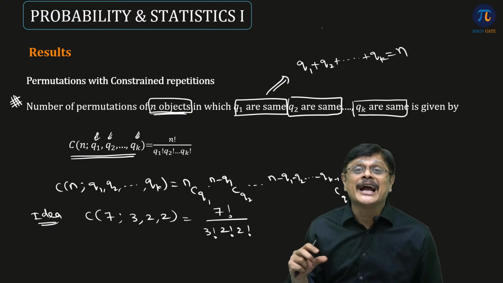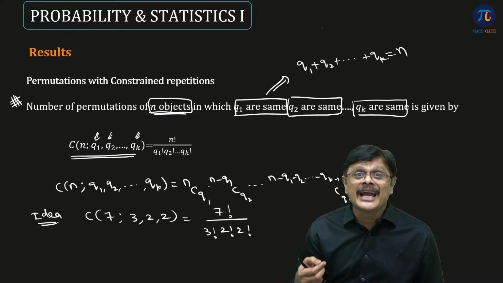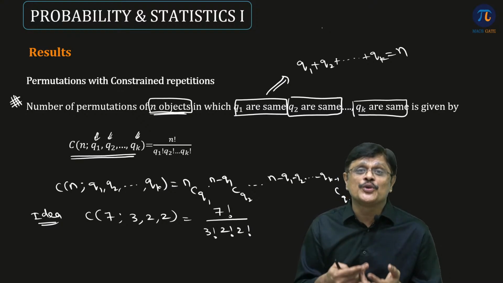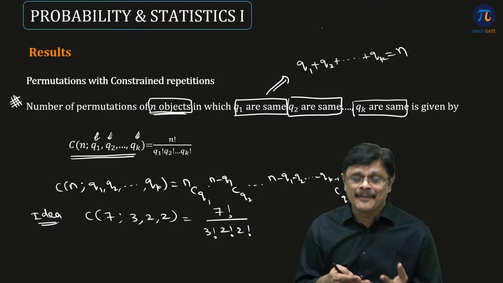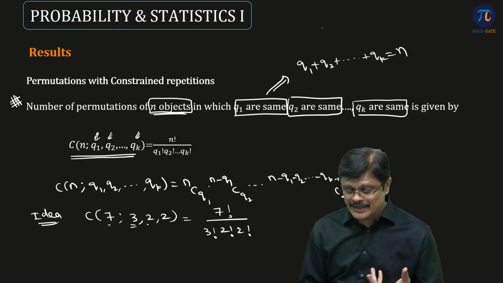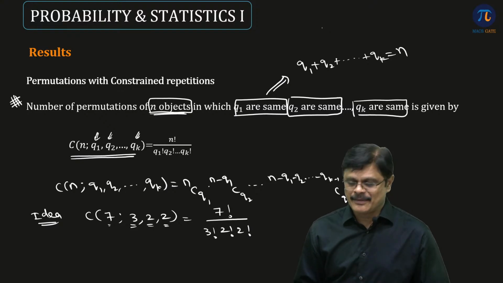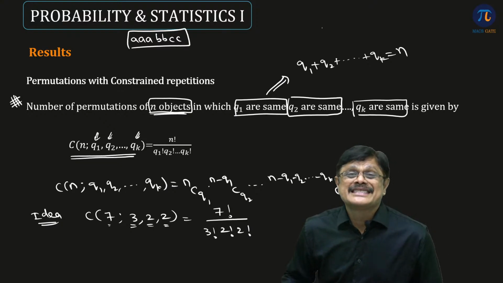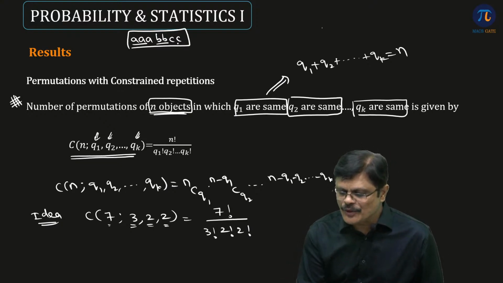We are finding how many arrangements of these n objects are there in which q1 are same, q2 are same, and qk are same. Am I clear? So how many ways can you arrange these 7 letters in which 3 are same, 2 are same, and 2 are same?